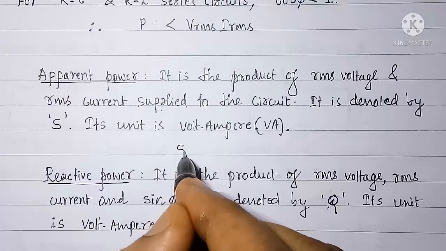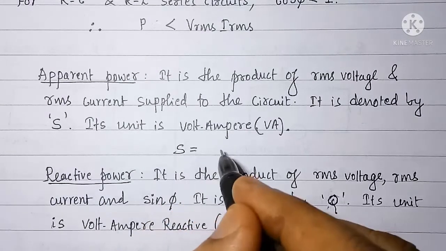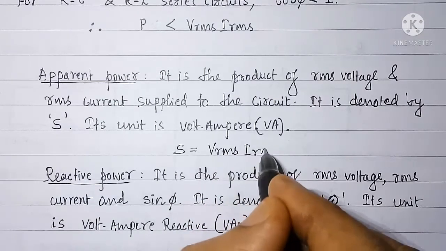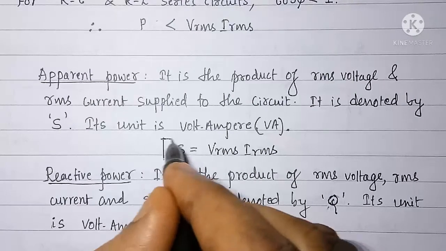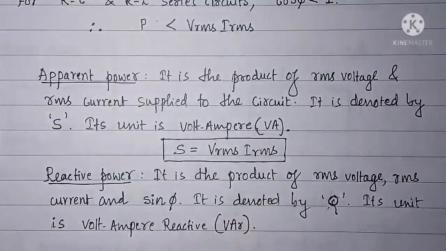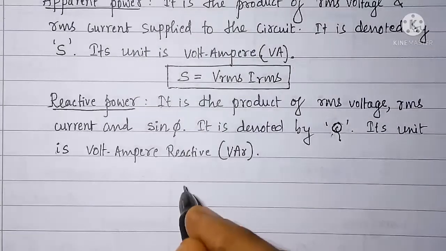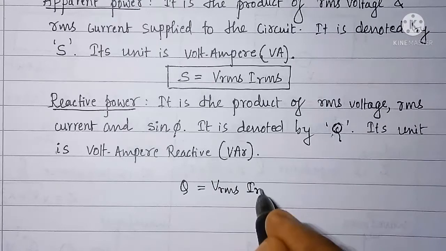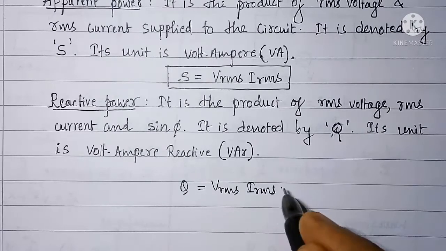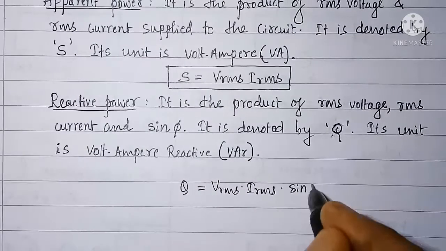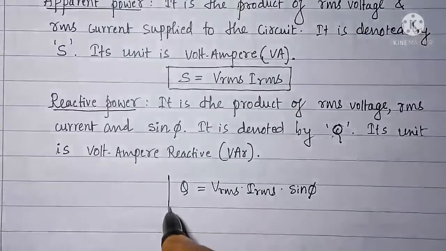So we can write here apparent power S as Vrms into Irms, and reactive power Q as Vrms into Irms into sin phi.